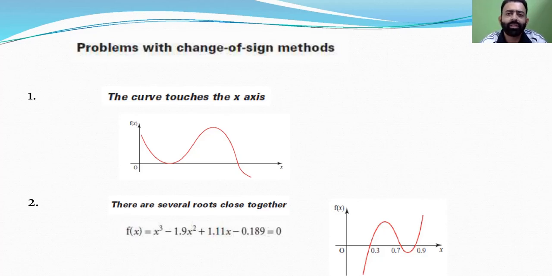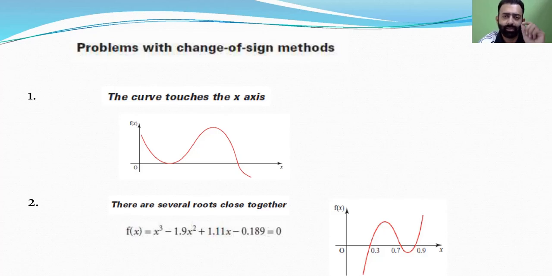Within the change of sign method, there were two methods that can be used in order to arrive at an approximate solution. Number one was the decimal increase method, meaning you have been given an interval and you move throughout the interval by increasing the decimal point by 0.1. Suppose you know that the root is lying between 0 and 1.